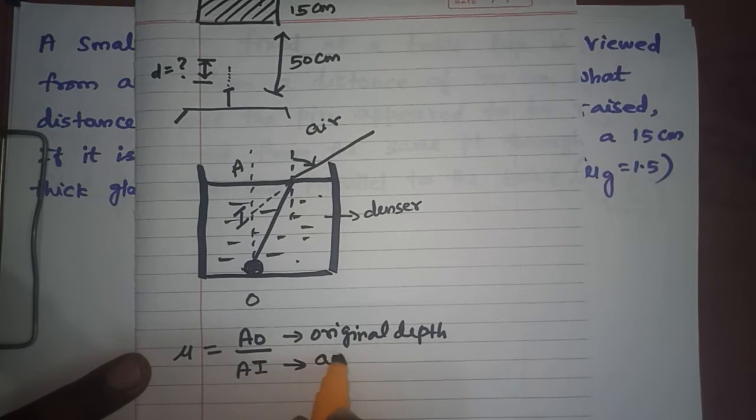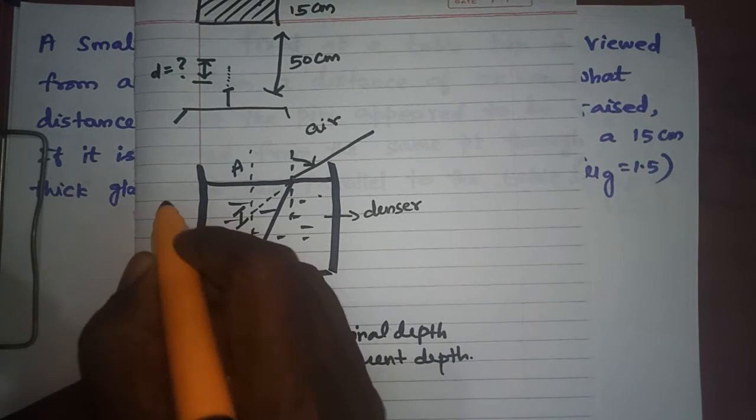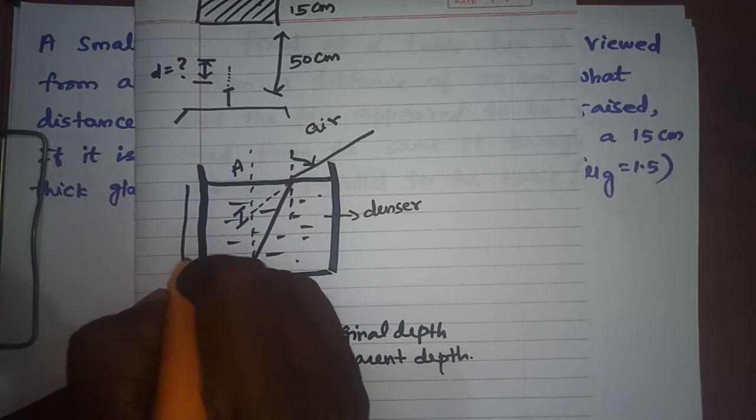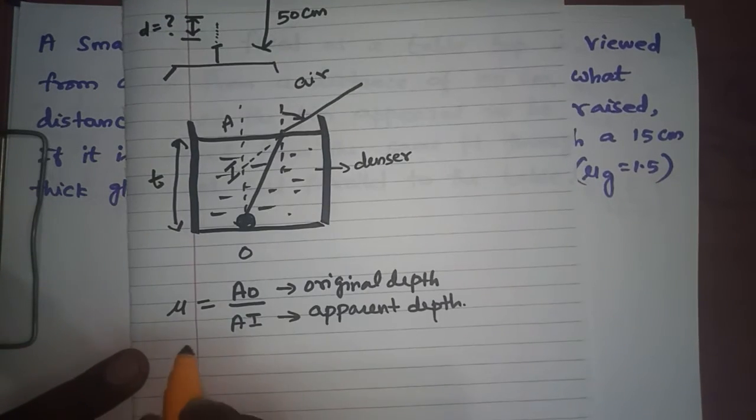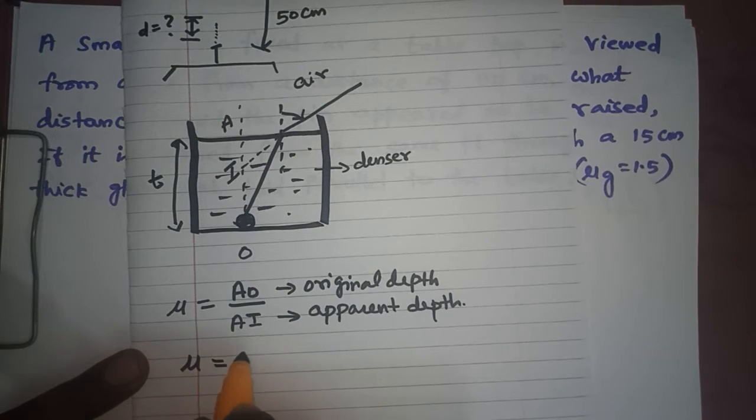This gives your relation of refractive index when light travels from one medium to another. If I take the thickness of this medium as t, then mu is equal to A naught by AI, original depth by apparent depth.